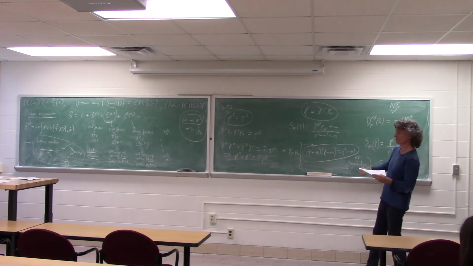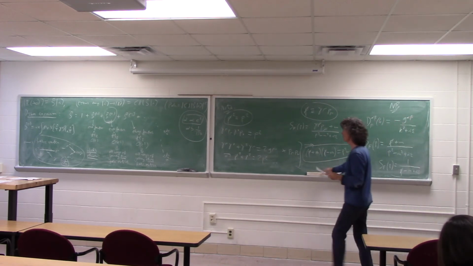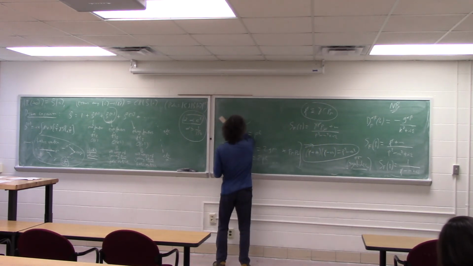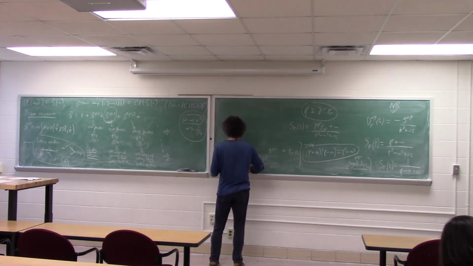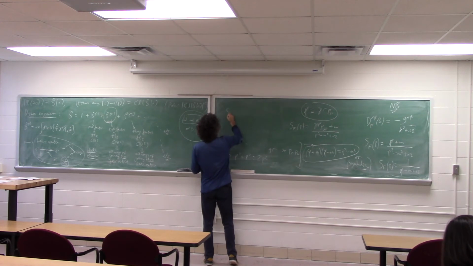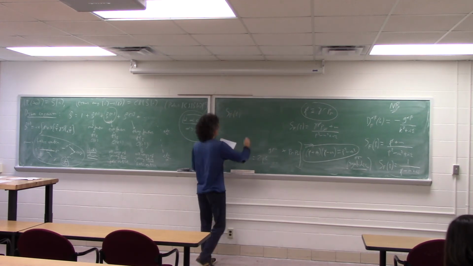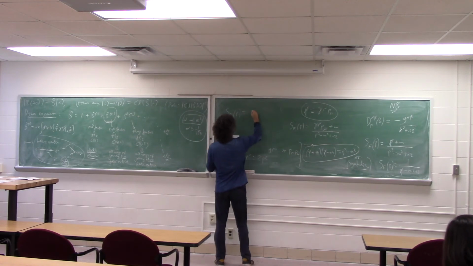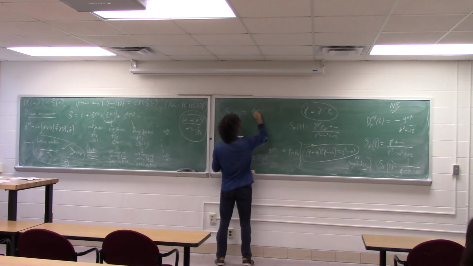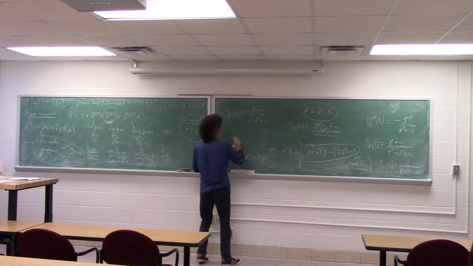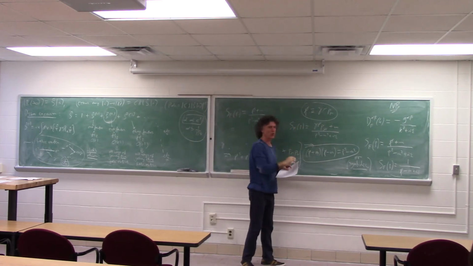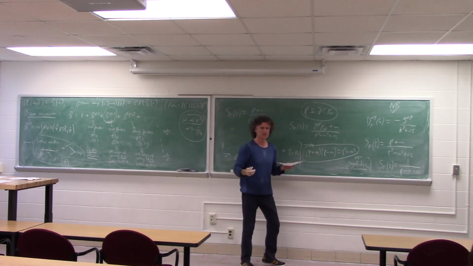So this is true. So what I can do, if my arm is aching from having to write p slash plus m over p squared minus m squared plus i epsilon, remember that the gammas are 4 by 4 matrices.